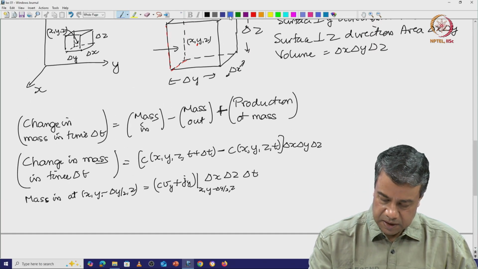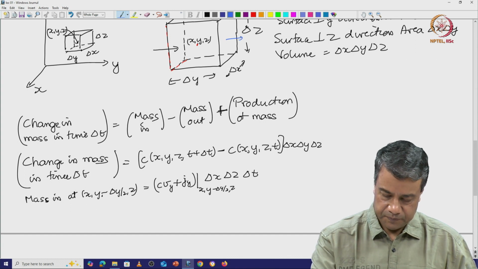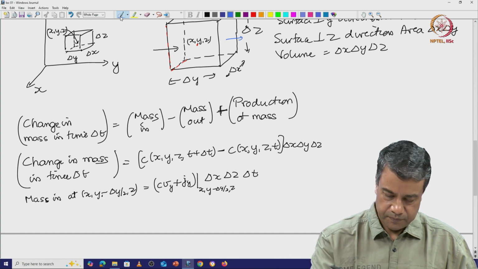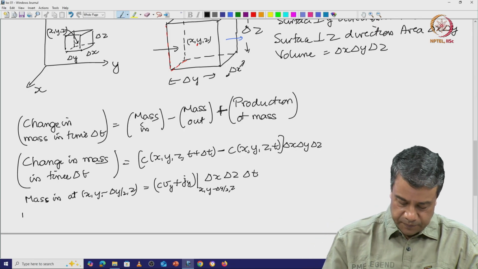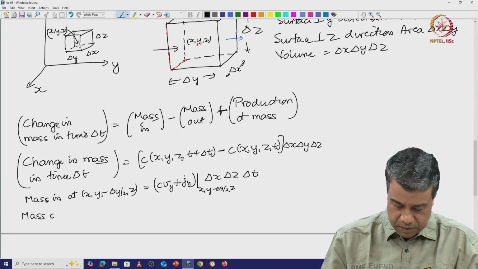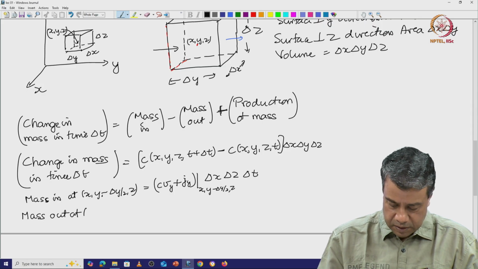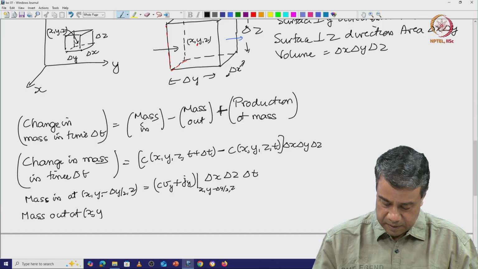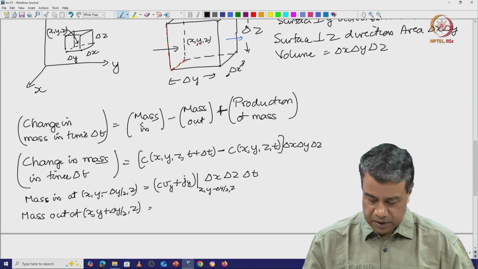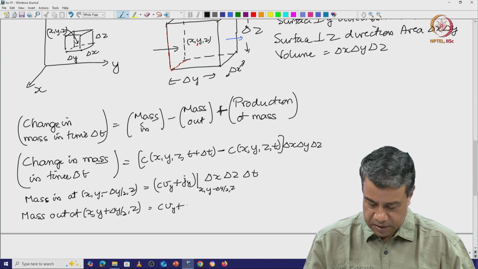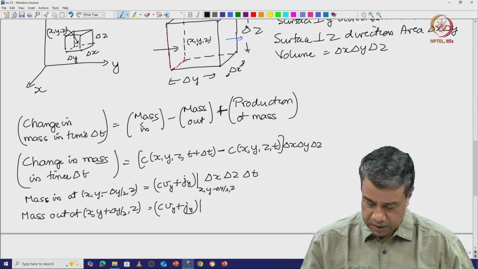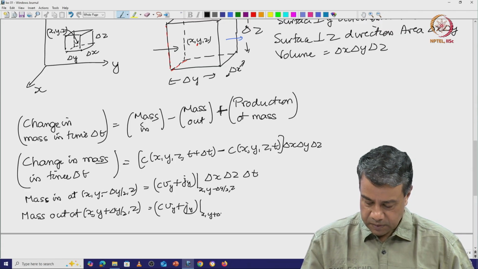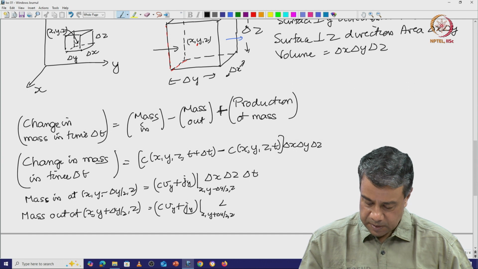The mass out at the right surface. The right surface is at x, y plus delta y by 2 and z, and it is equal to c v y plus j y at x, y plus delta y by 2 comma z times delta x, delta z, delta t.